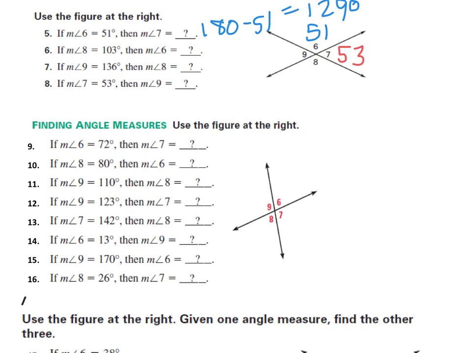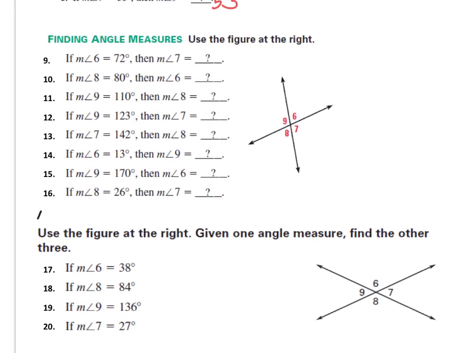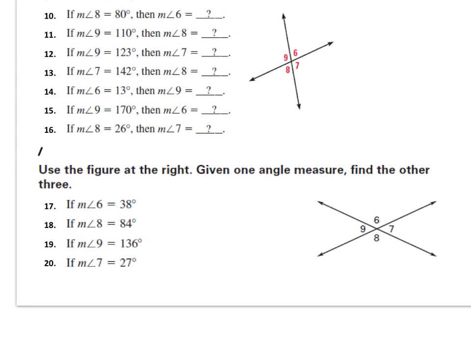Well, angle 7 and angle 9 are vertical angles. They are directly across from each other at the intersection. Vertical angles are congruent. So if 7 is 53 degrees, then 9 has to be 53 degrees. You'll find similar examples in 9 through 16. Let you work on those.